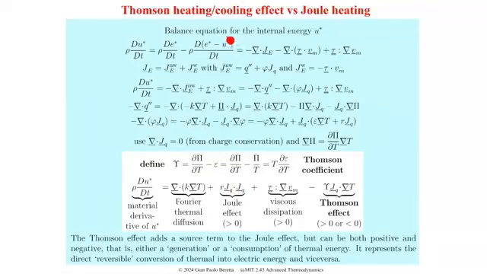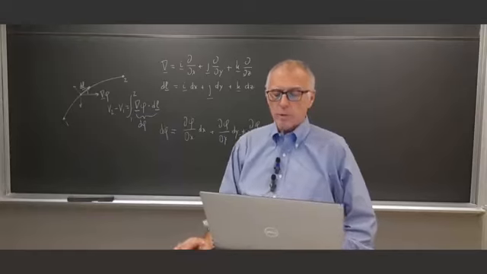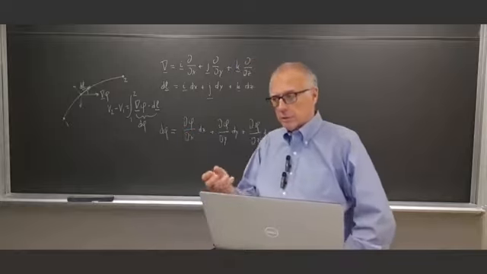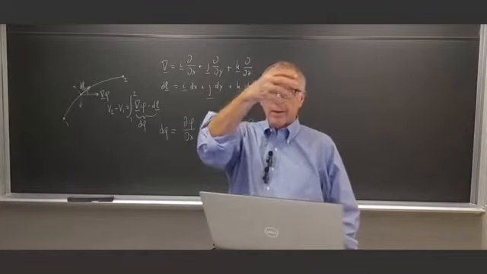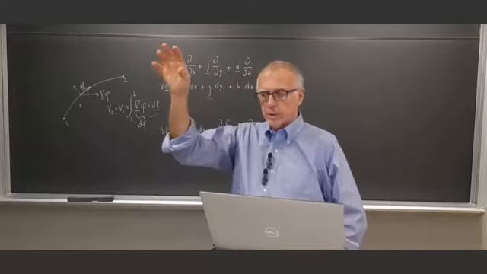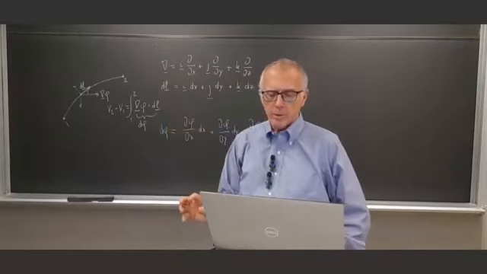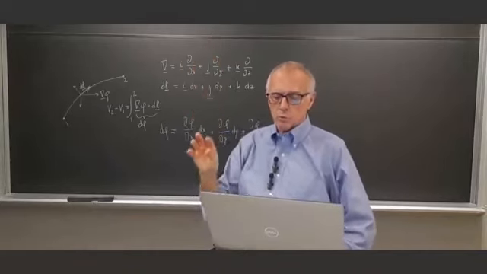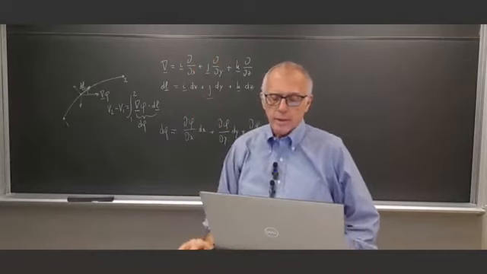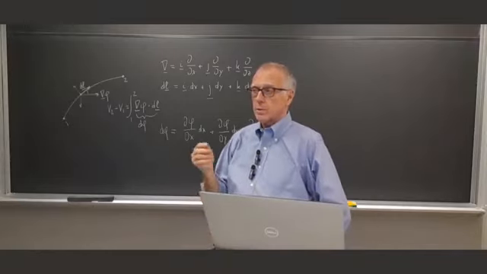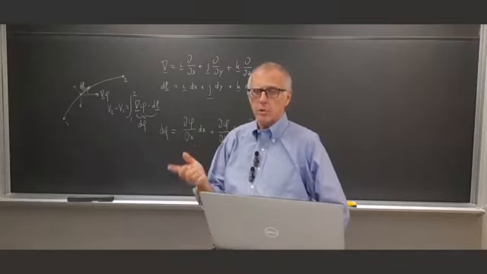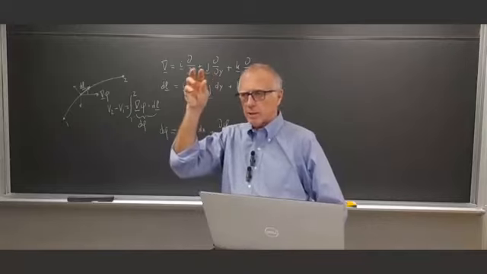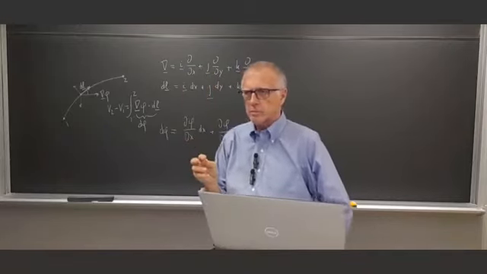If you had written the balance equation for the mechanical and electrical parts, this same term would appear there with a negative sign. So it would destroy mechanical and electrical energy. It appears with a negative sign in those equations, and with a positive sign here because it goes from electrical to thermal. And it's one way. It has a definite sign. It cannot be negative. You can only kill electrical energy with the Joule effect.